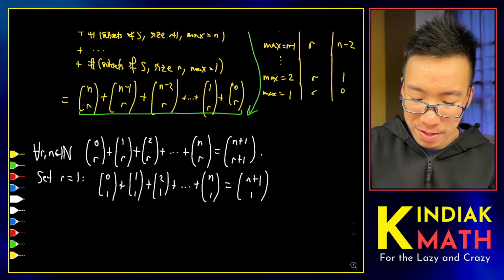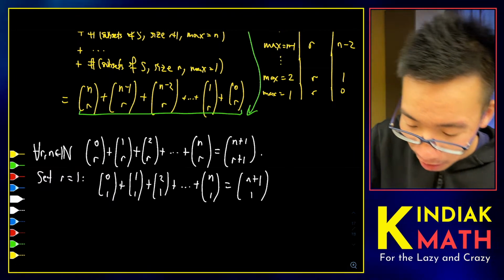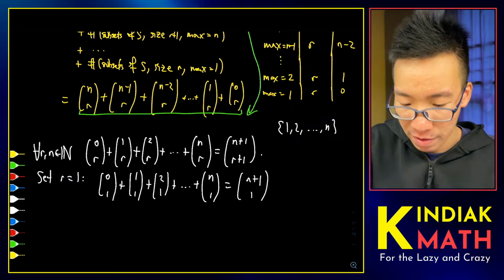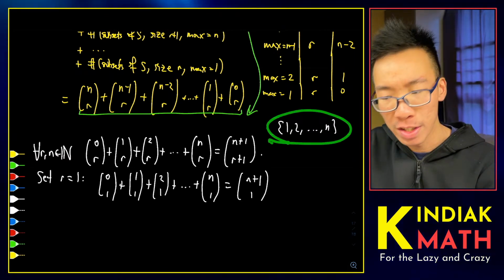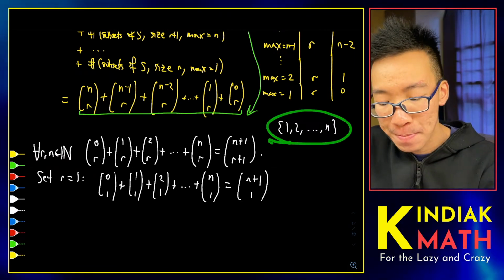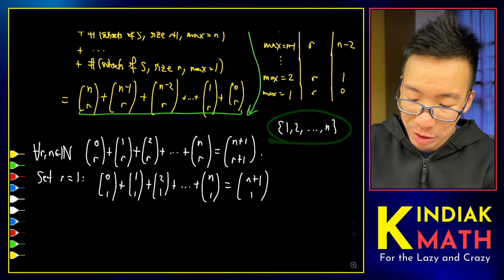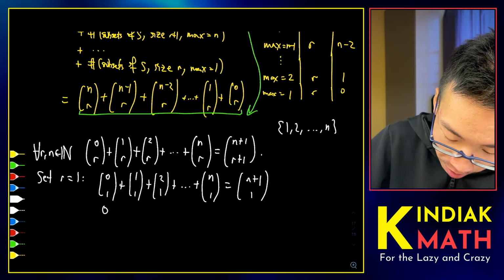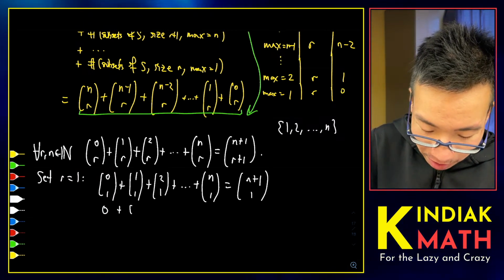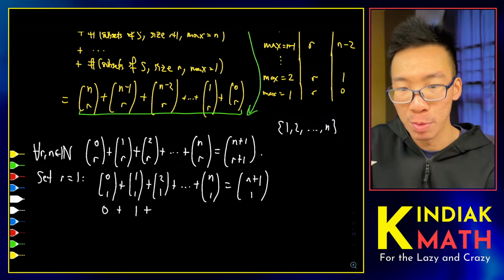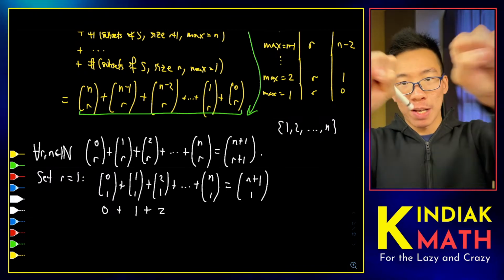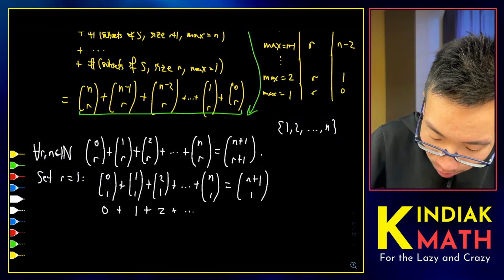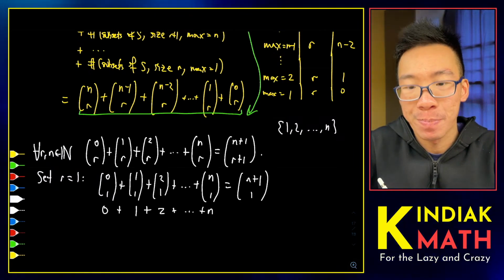Now, what is n choose 1? Well, it is the number of subsets of a set of size n with one element. We have a total of n choices for that. In fact, 0 choose 1 is going to be 0, 1 choose 1 is going to be 1, 2 choose 1 is going to be 2, because if you have a set of 2 elements, you can have 2 choices of a subset with 1 element, all the way till n.